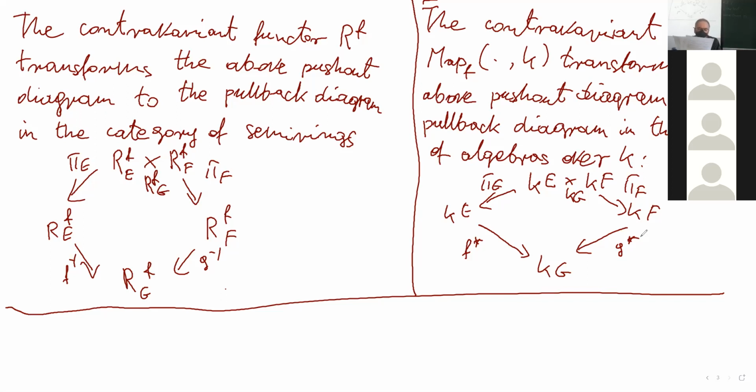So this is why I write this explanation jointly. So here, F and G are maps induced.